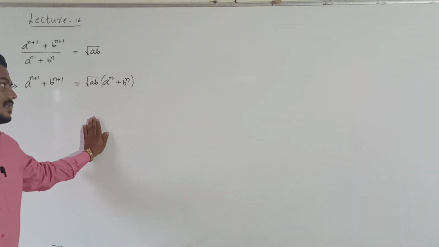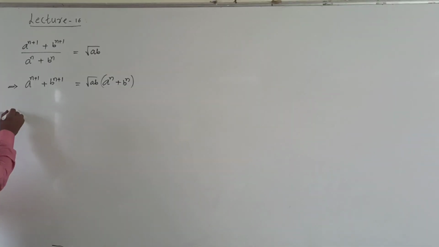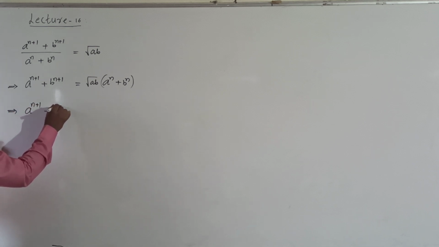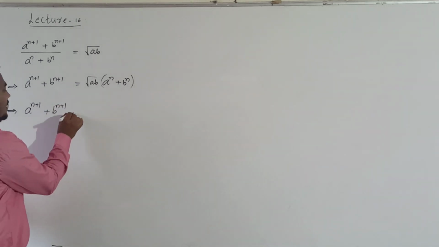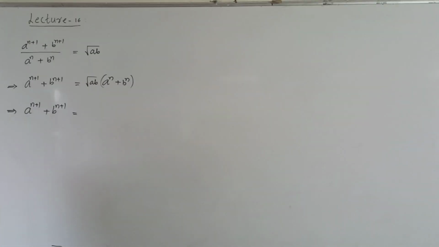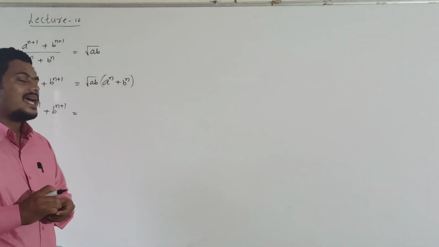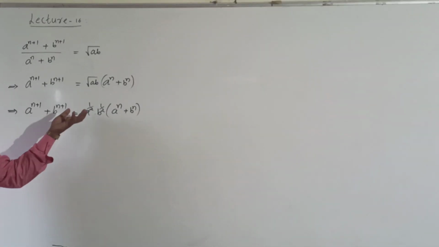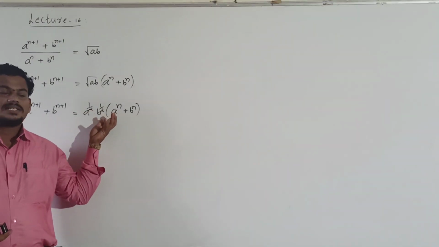After that, a^(n+1) + b^(n+1) is equal to, I will write square root of AB as a^(1/2) and b^(1/2), in bracket a^n + b^n.